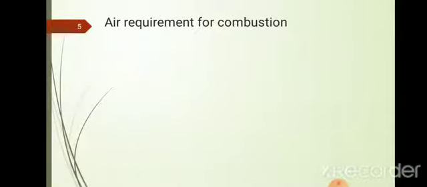The most important thing is the air requirement of combustion. We have understood that combustion, gasification and pyrolysis are more or less similar, but we have to select the air-fuel ratio or the flow rate very carefully, because it determines whether combustion or gasification, etc. is happening.